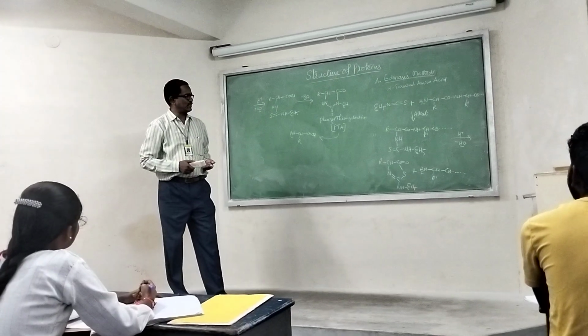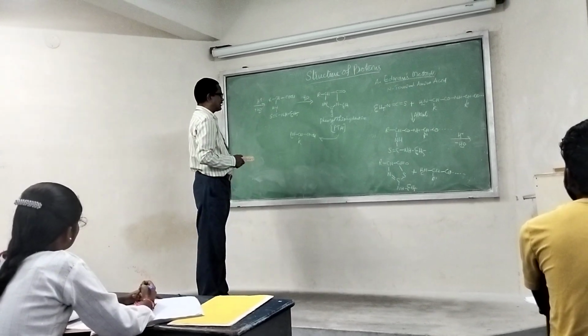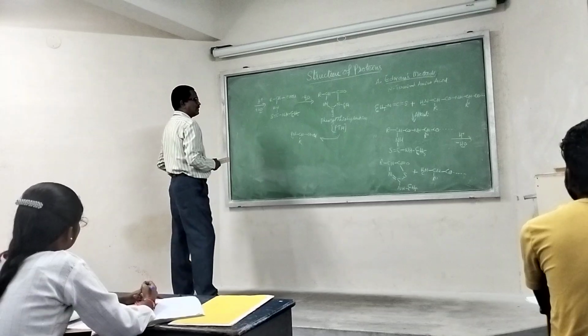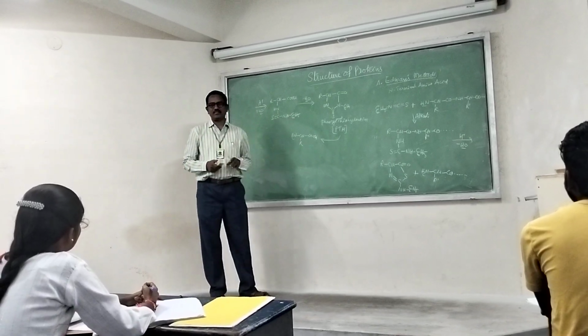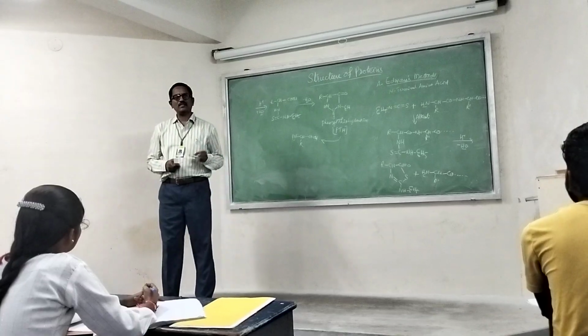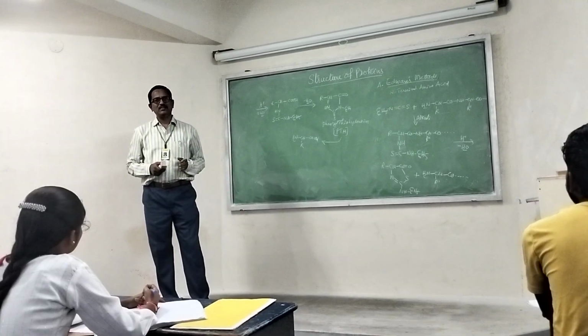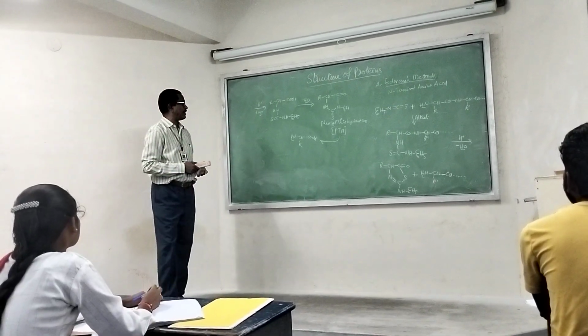Of course, it is also possible to determine the C-terminal amino acid by following another method. So now let us see how the C-terminal amino acid is determined in the given peptide chain.